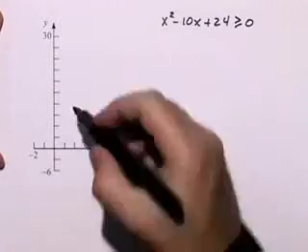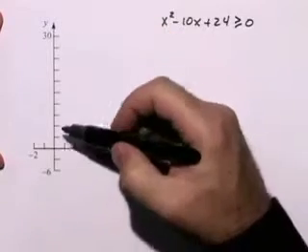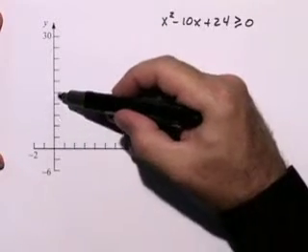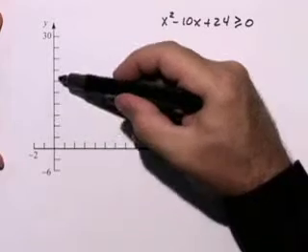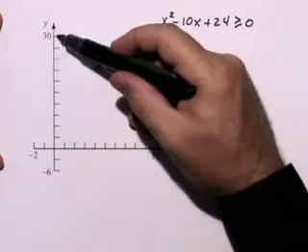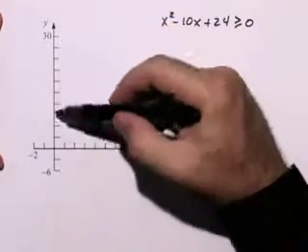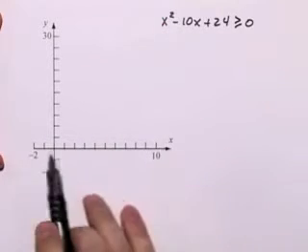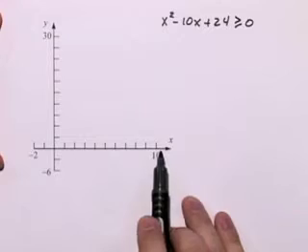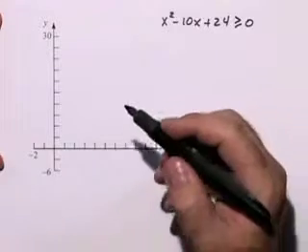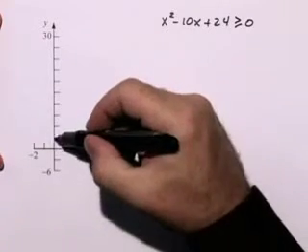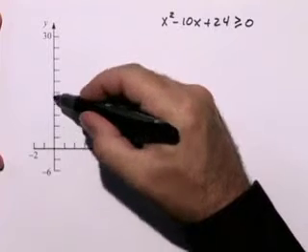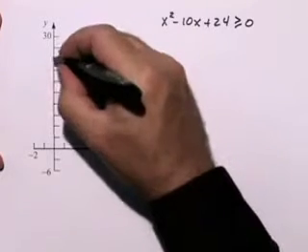We'll plot our intercepts. We first notice the scale that we're using: we have 1, 2, 3, 4, 5, 6, 7, 8, 9, 10 tick marks. We're going up to 30, so each of these tick marks represents 3 units. Along the x-axis, each tick mark will represent 1 unit. We want to plot the y-intercept, which is at 24, so we need 8 tick marks. 1, 2, 3, 4, 5, 6, 7, 8.